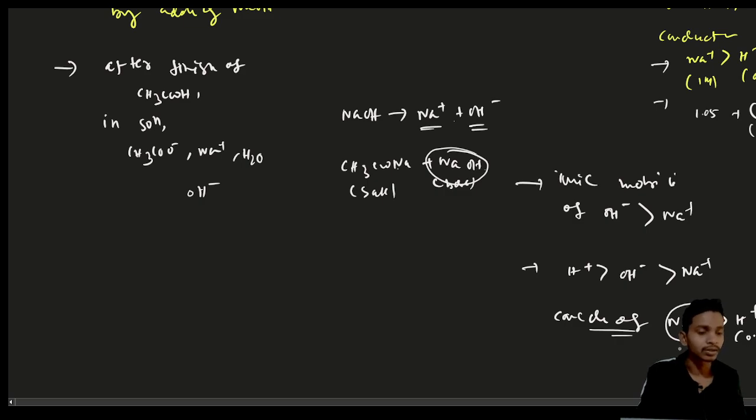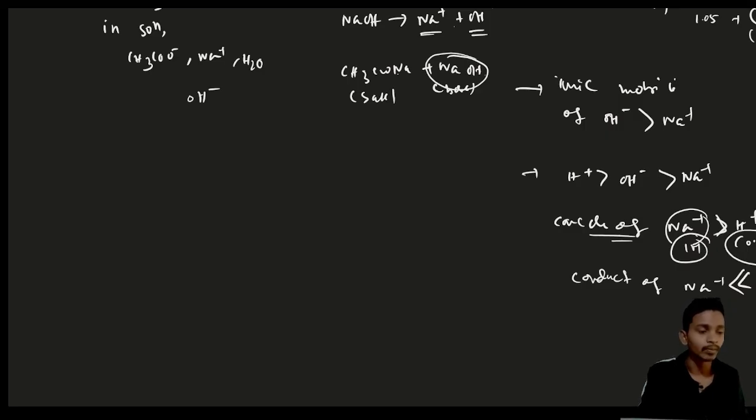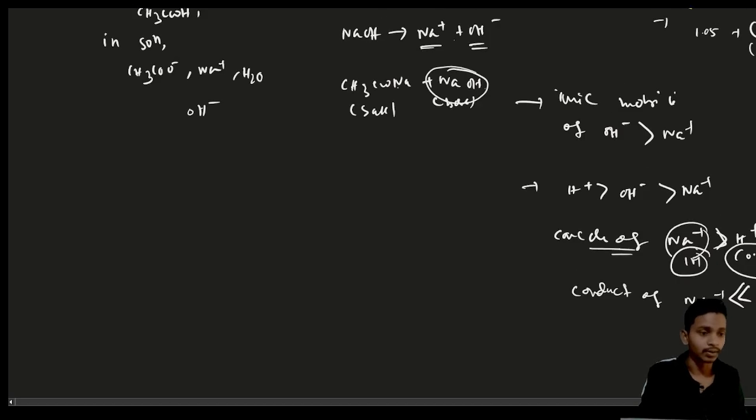If both had the same concentration, say 1 molar, then the conductance of H plus is very high, but here since the concentration is very low, that's why I said this has more conductance than that one.